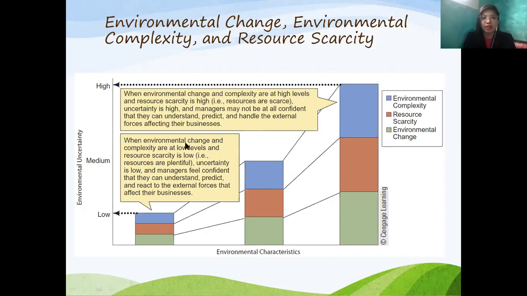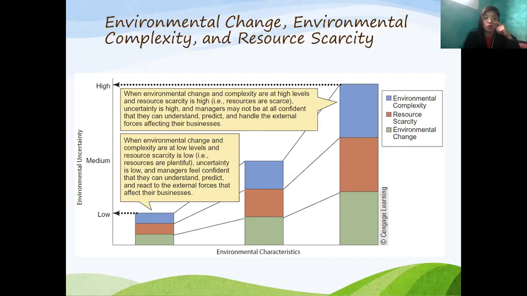For this, when the environmental change and complexity are at low levels, and resource scarcity is low, such that the resources are plentiful, uncertainty is also low, and managers feel confident that they can understand, predict, and react to the external forces that affect their business.